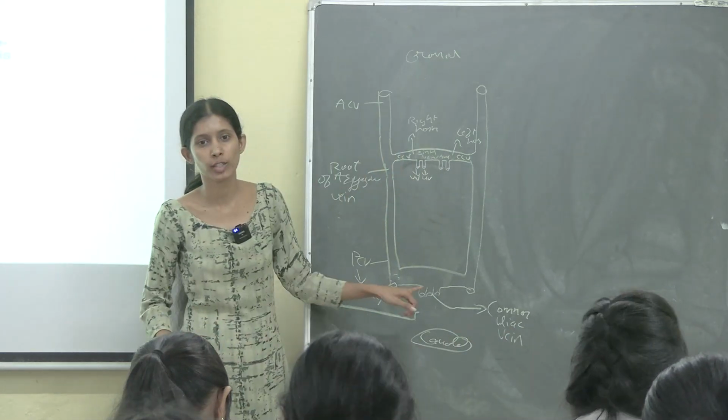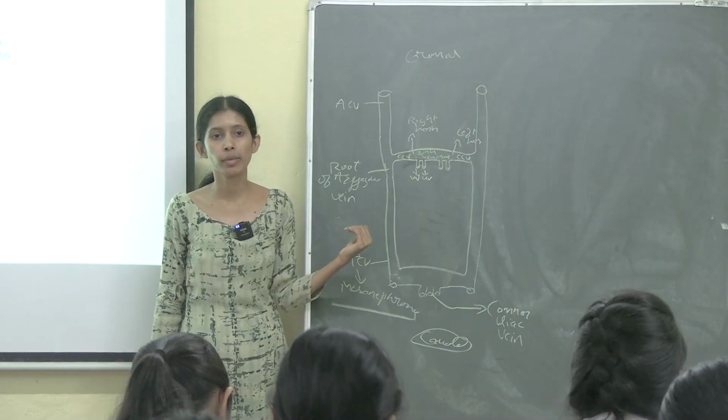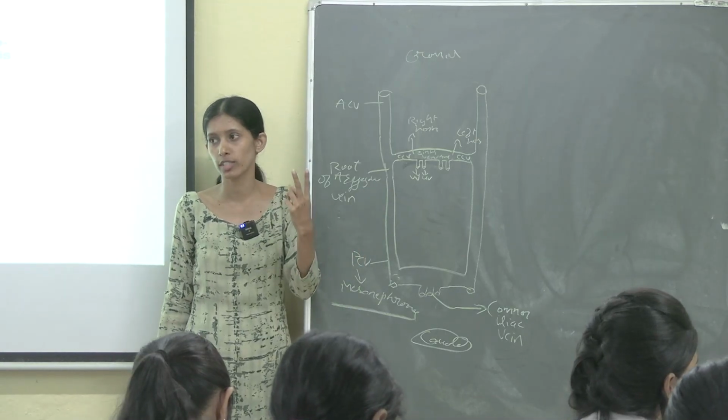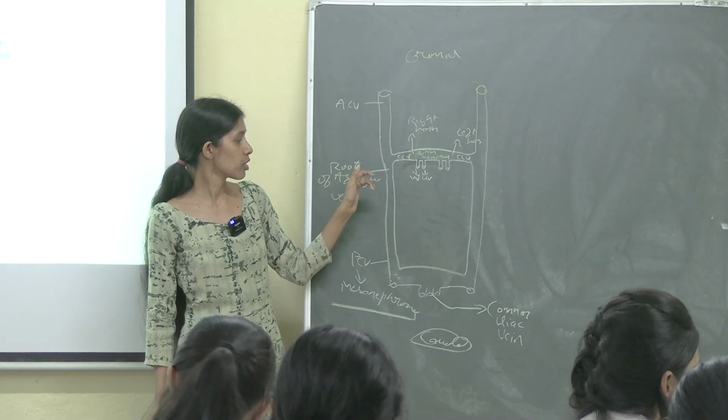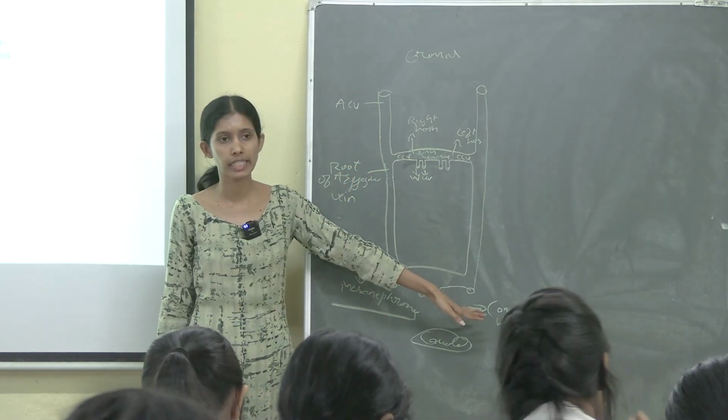The another set of vein is common iliac vein. Okay, so the remnant of your posterior cardinal vein is giving two sets of veins, that is the root of azygous vein and the another one is common iliac vein.